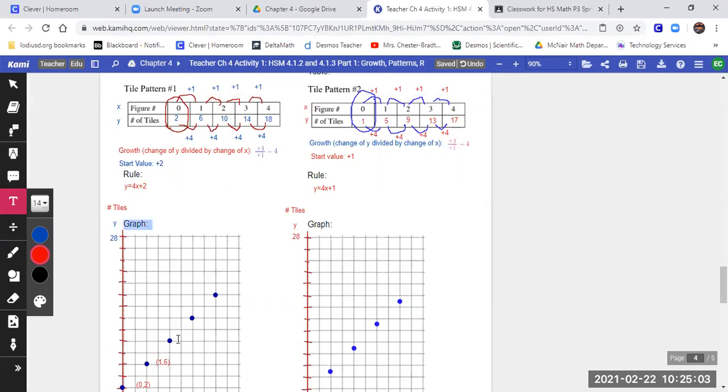This is becoming 2 and 8. Nope, 2 and 10. Caught myself. 3 and 14, right? 4 and 18. And we're going to do the same thing for the other table.